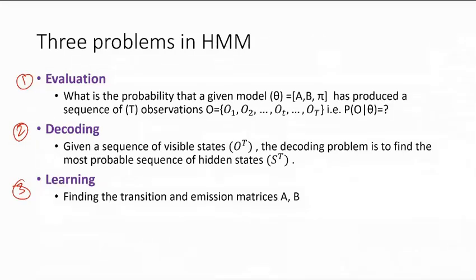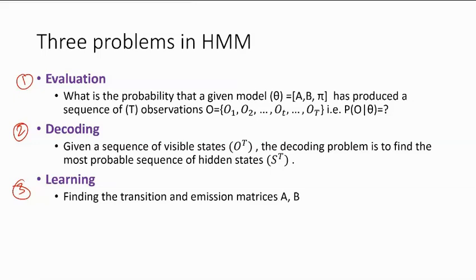The first one tells you the probability given a model theta. When you are given the model theta, it means we provide you matrix A, matrix B and the initial state pi.